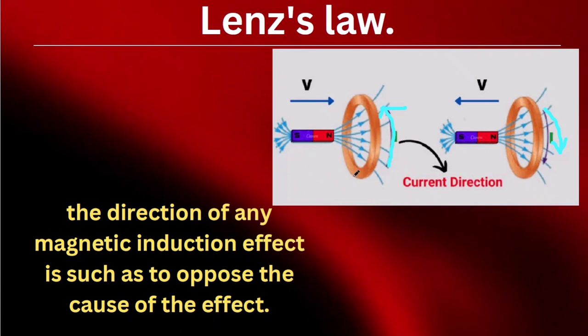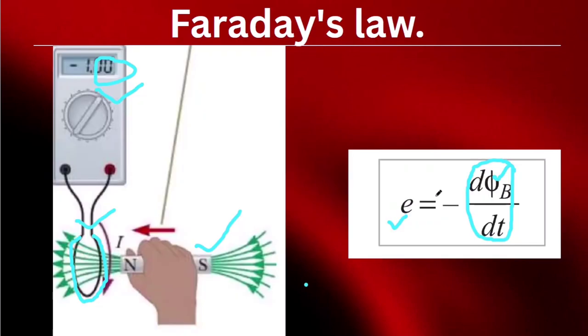Now the induced EMF is caused by the approaching magnet, but this induced EMF makes induced current, and this current opposes the movement of this magnet. Okay, this is Lenz's law. So this negative sign is due to Lenz's law.